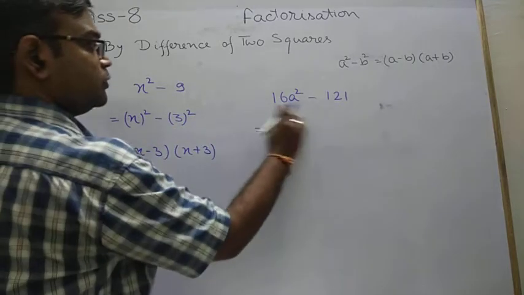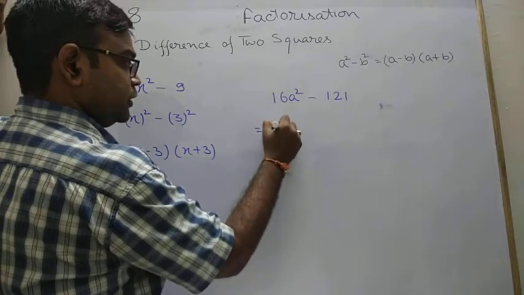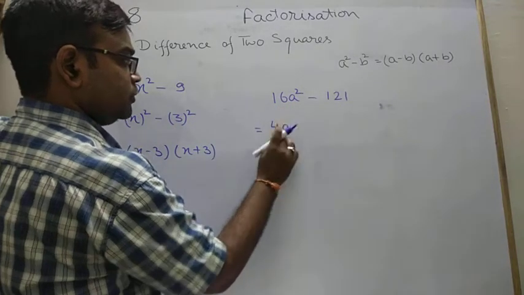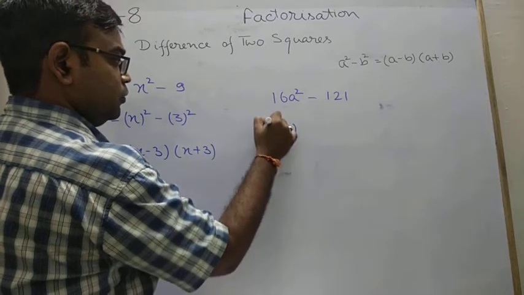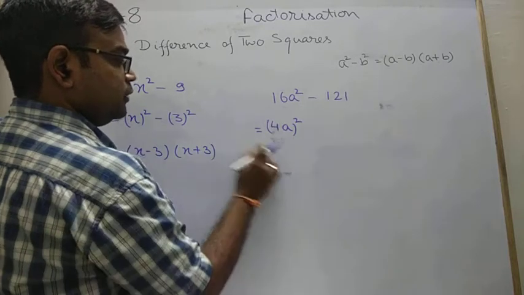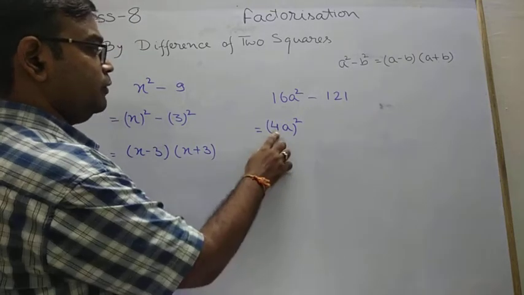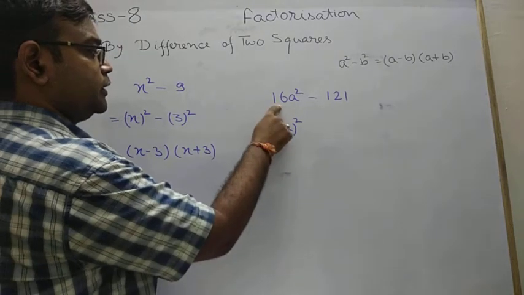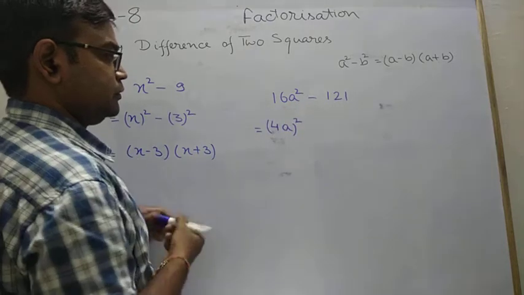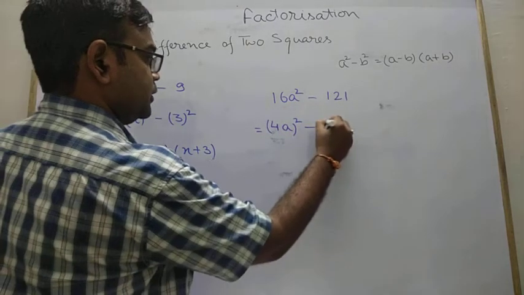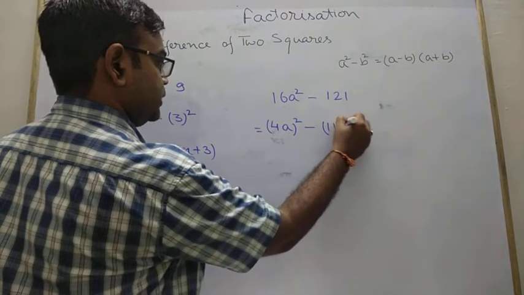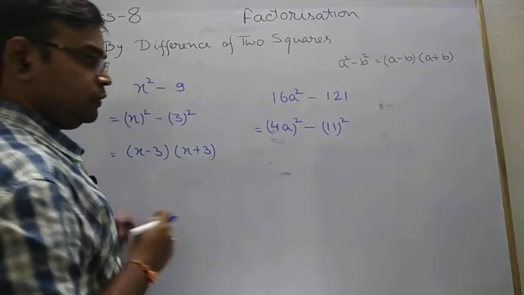This is not yet in that form. If we write 4a whole square, then we have 4 into 4, which is 16, and a square is a square, minus 11 whole square, as we know that the square of 11 is 121.